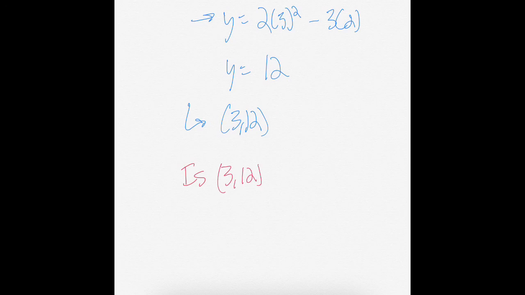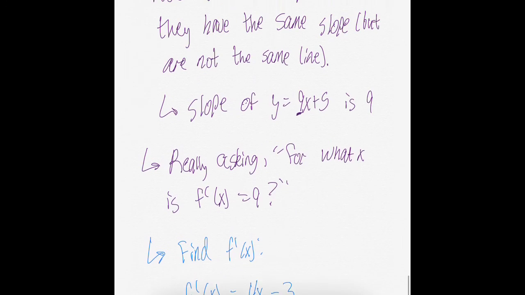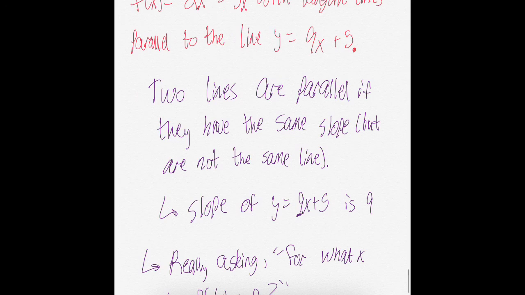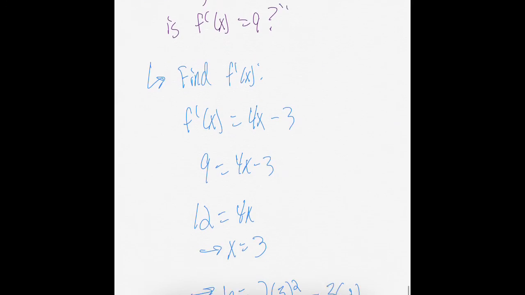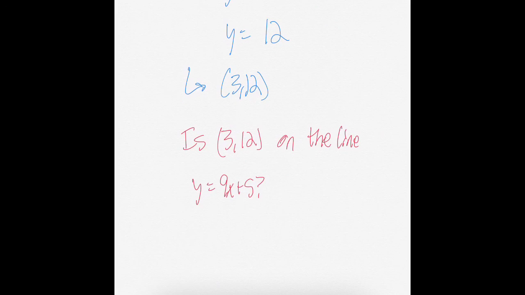Now, I must check, is the point on the line y equals 9x plus 5? Because if it is, then these two lines are not parallel, but they're actually the same line.